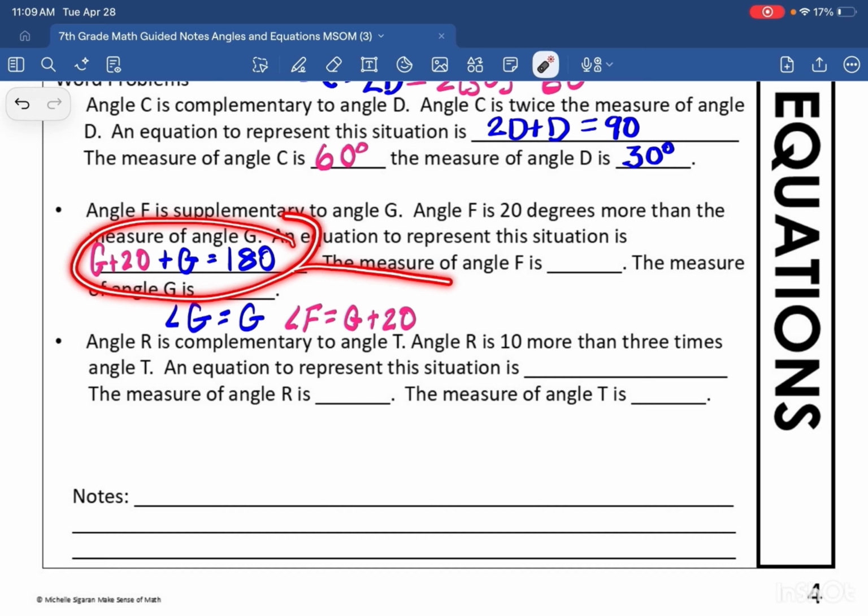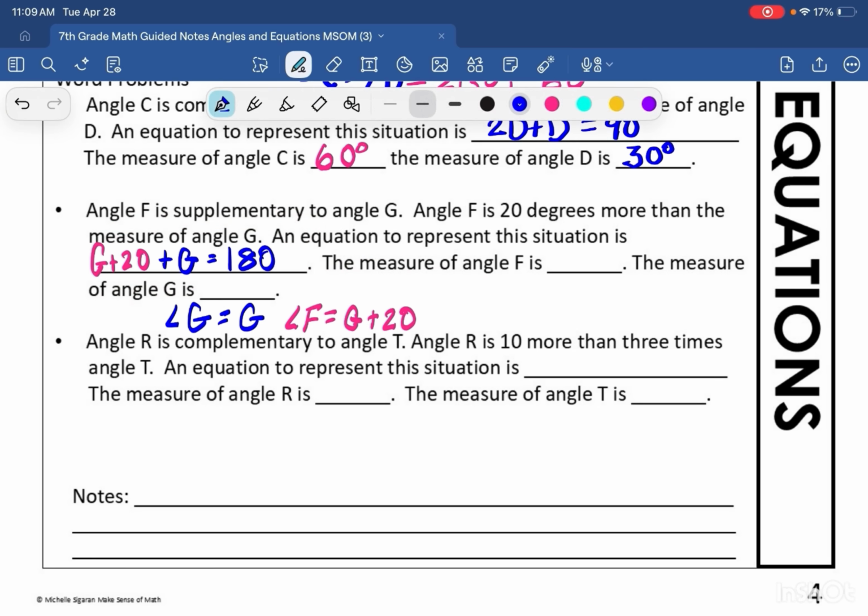G plus 20 plus G. All right, so that gives me 2G, because G plus G, plus 20 has to equal 180. Minus 20 from each side, minus 20, minus 20. I get 2G equals 160, divide by 2, so G equals 80.